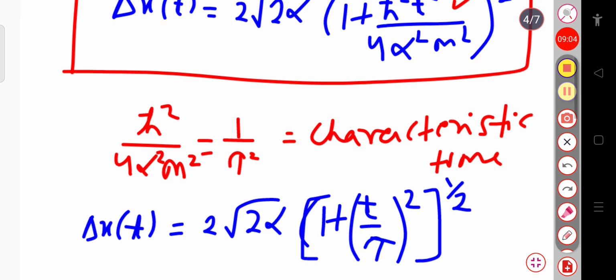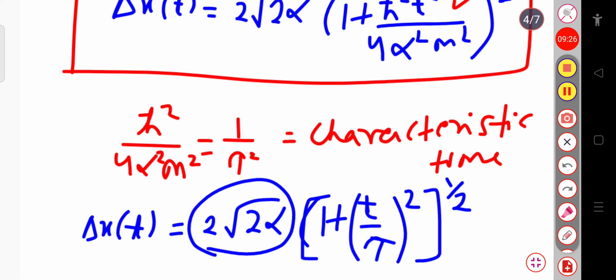Now if you remember, this term 2 root 2 alpha is nothing but delta x at time t equal to 0. In the previous class we calculated 2 root 2 alpha, the width of the Gaussian wave packet at time t equal to 0.